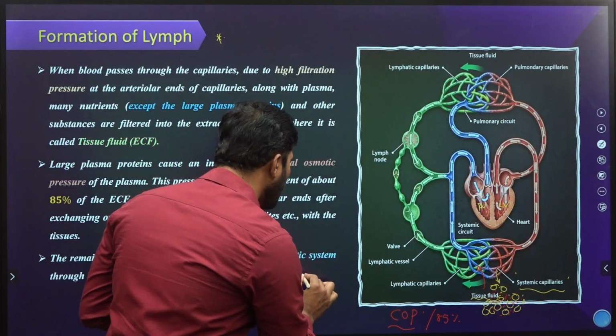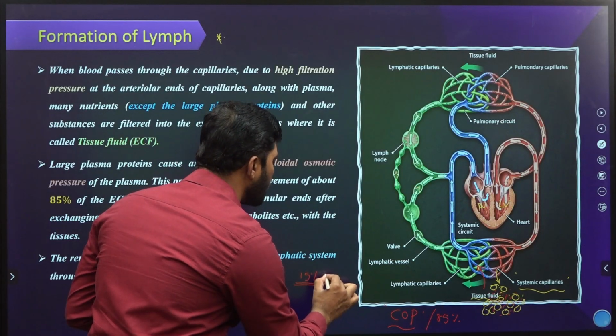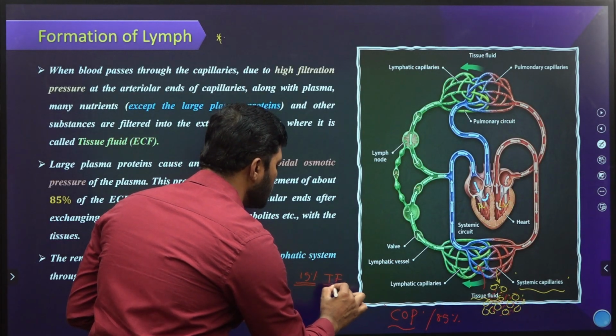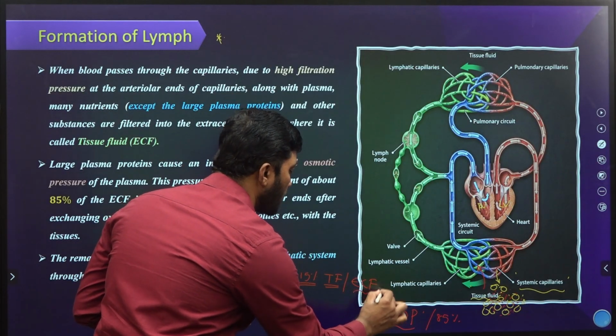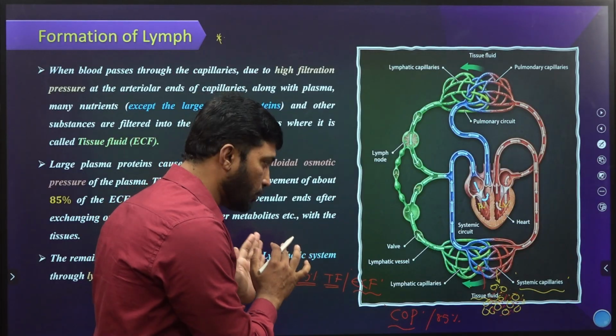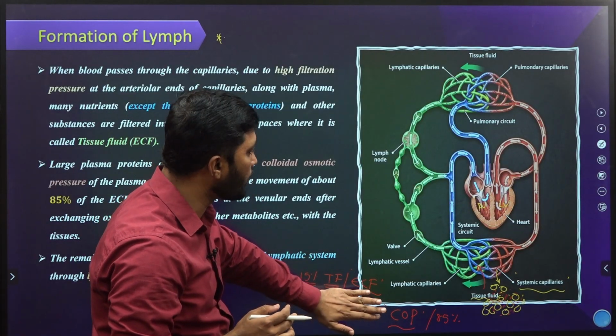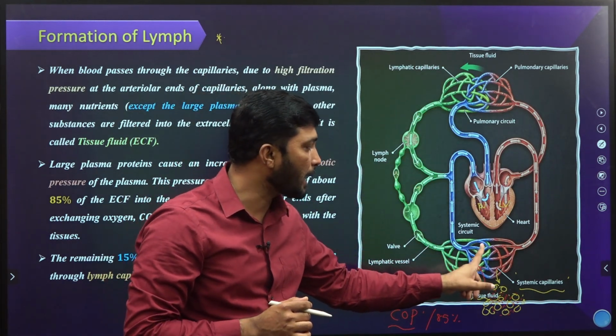The remaining 15% of the tissue fluid, called ECF, extracellular fluid, is absorbed into another type of capillaries.